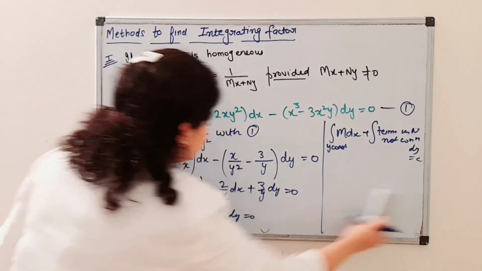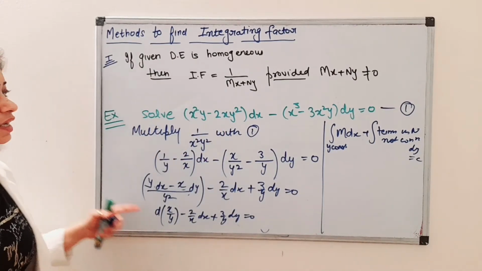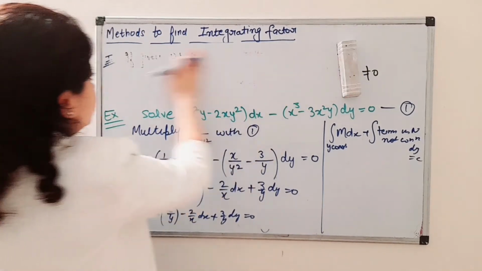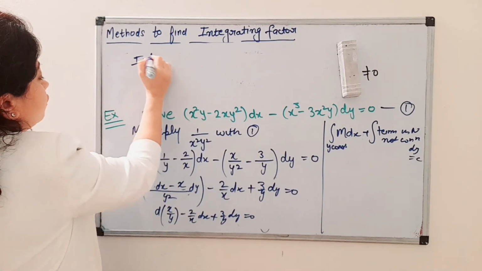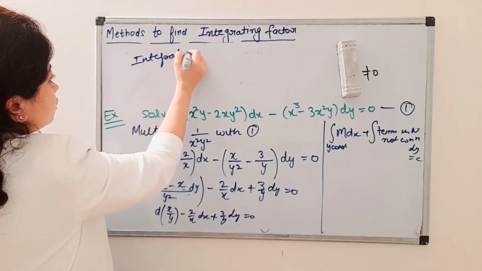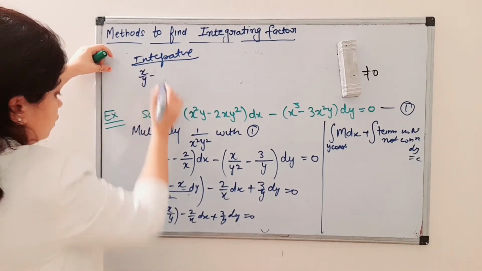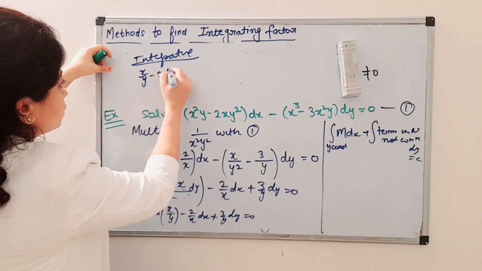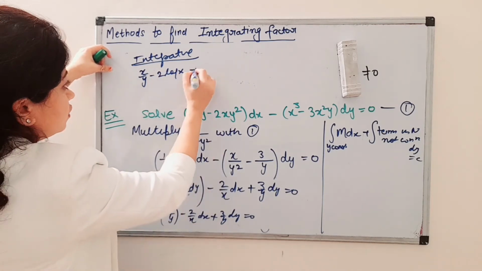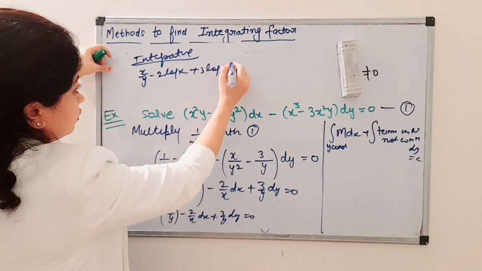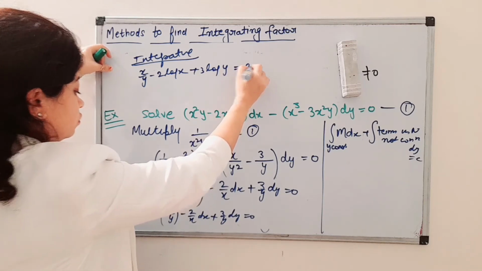Now you can just solve this by integrating. By integrating, we get x upon y minus 2 log x plus 3 log y is equal to c.